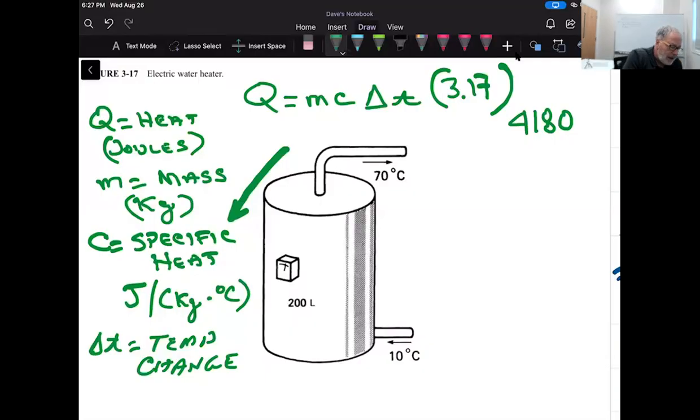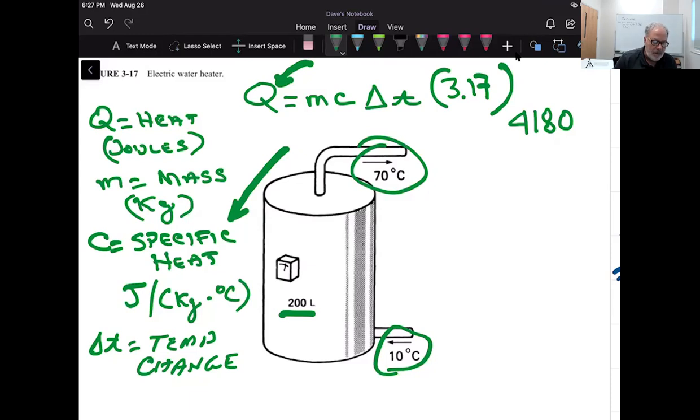It says, calculate the heat required to raise the temperature of 200 liters of pure water from an input temperature of 10 degrees C to an output temperature of 70 degrees C. So this is a real problem.